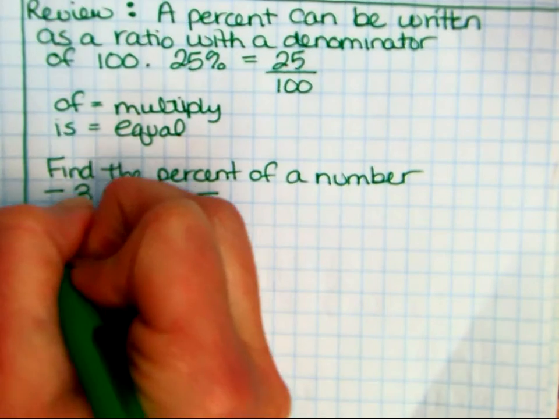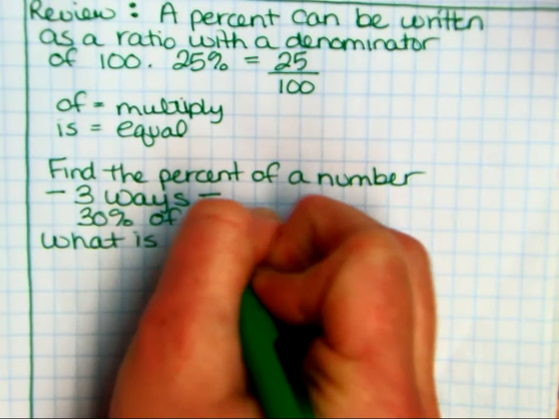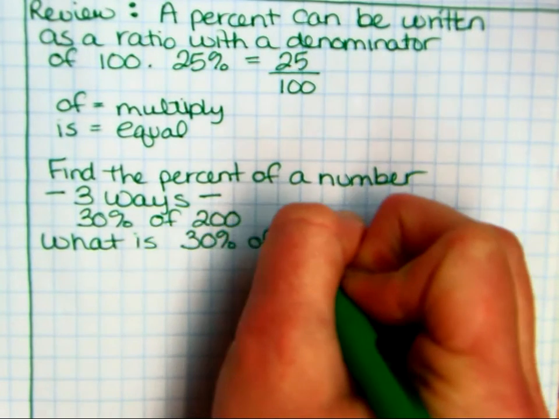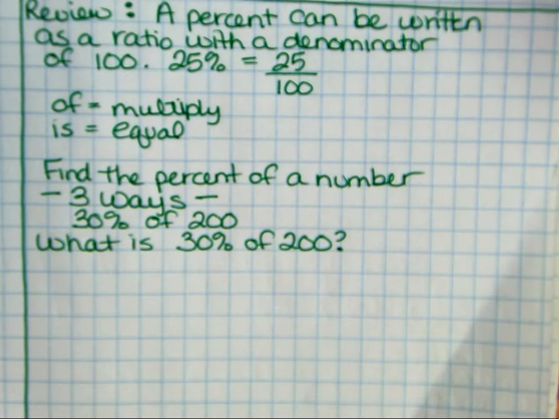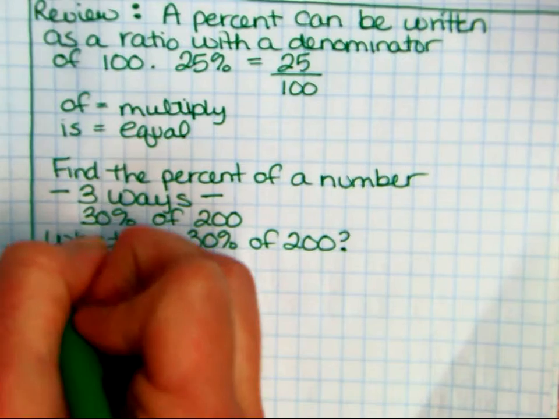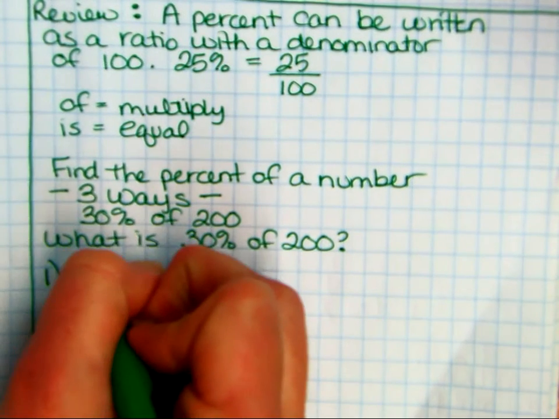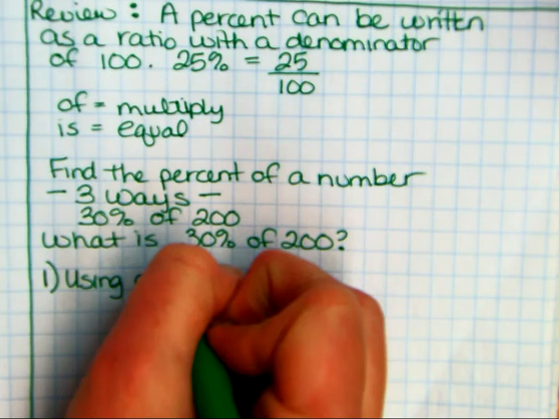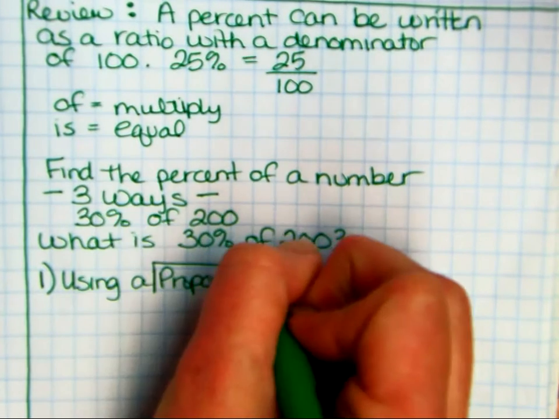And actually we would have: what is 30% of 200? That's more appropriate. Now the first way, method 1, is using a proportion. And I'm going to box that because that's important.